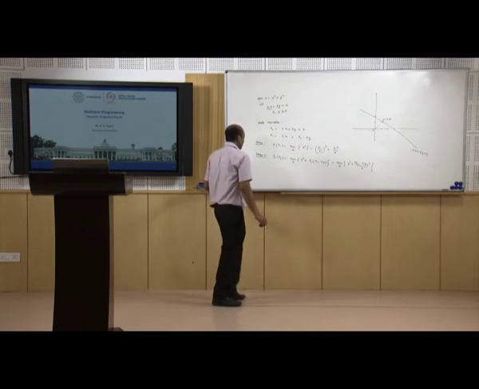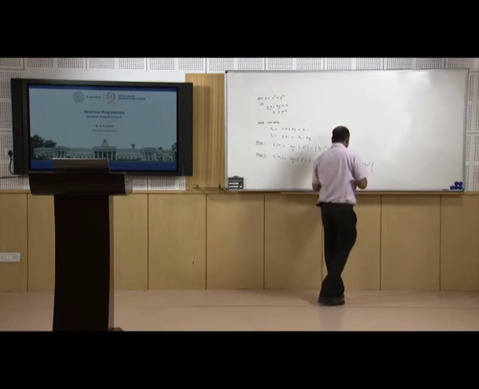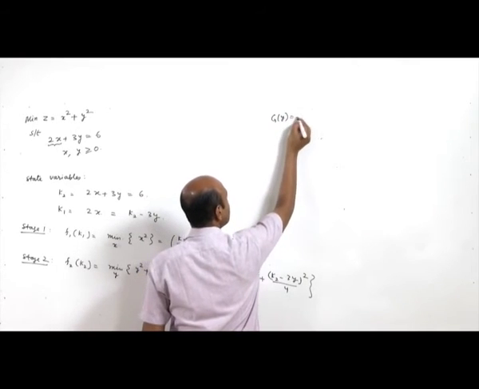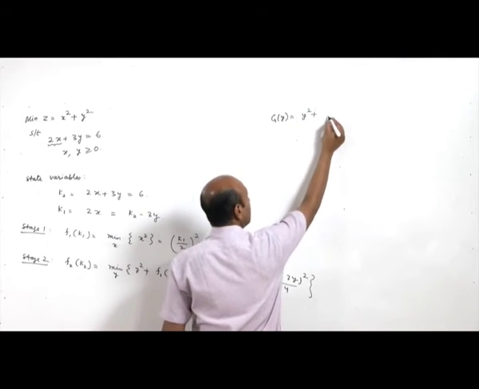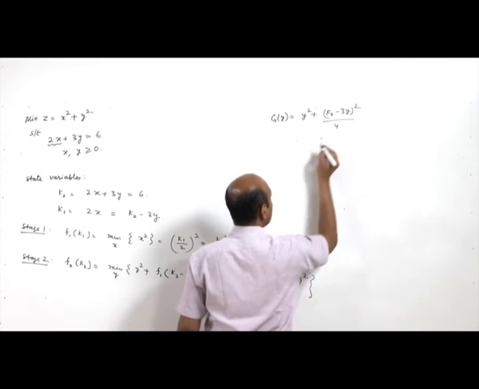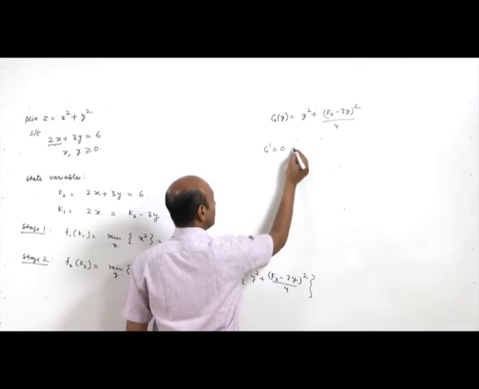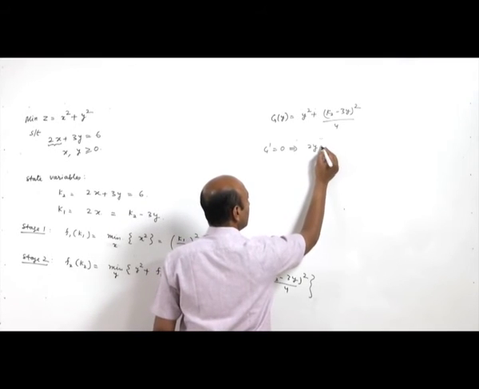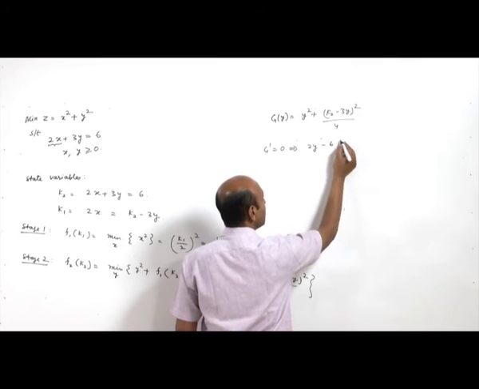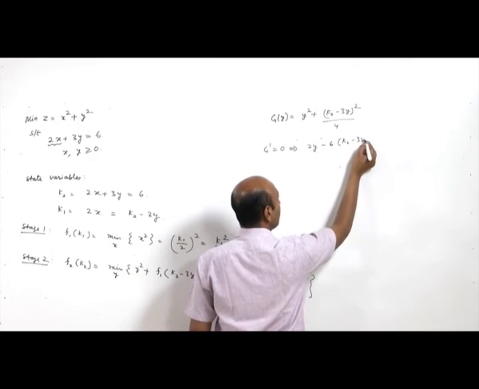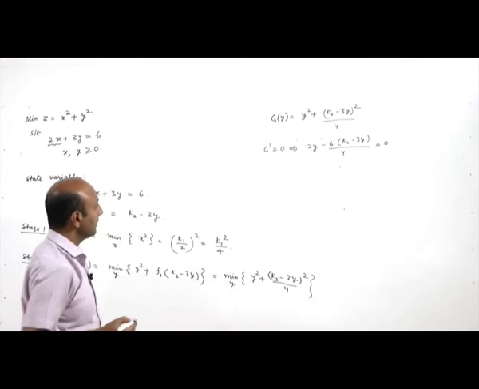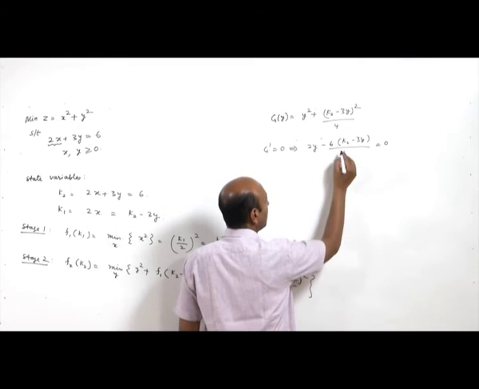Okay. So, you differentiate it with respect to y. Suppose it is g(y), where g(y) is y square plus (k2 minus 3y) whole square by 4. The derivative of g(y) put equal to 0. So, this implies 2y minus 6 times (k2 minus 3y) upon 4 equals 0.